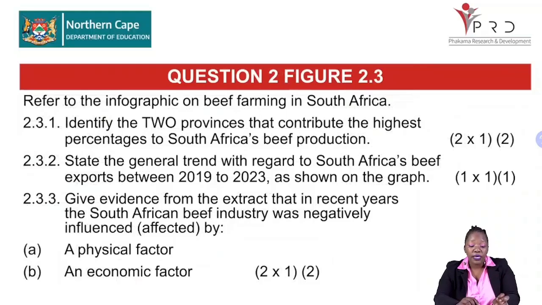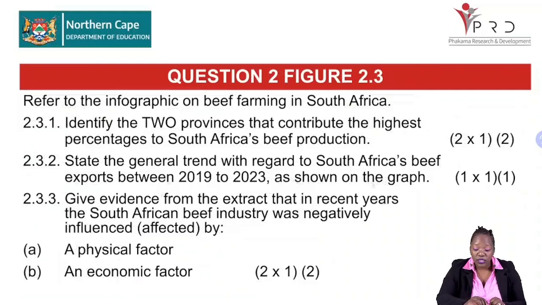Then secondly, state the general trend with regards to South Africa's beef exports between 2019 and 2023 as shown on the graph. Again, the second question is based on the graph. Then the third question says, give evidence from the extract that in recent years, the South African beef industry was negatively influenced, which is affected by the physical factors as well as the economic factors.